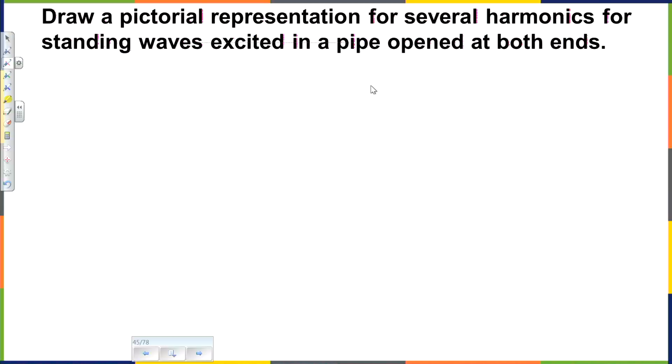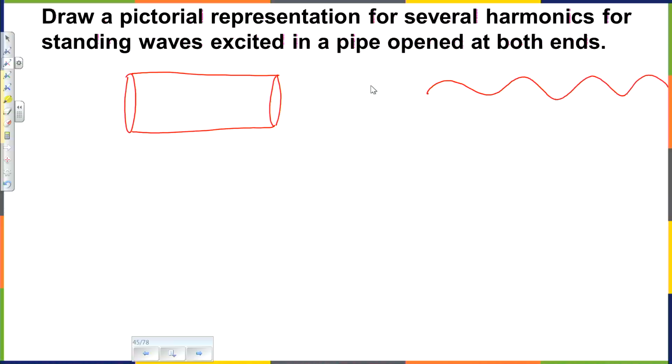So if we have a tube or a pipe and both ends are open, we should be able to fit a certain amount of lambda in such a way so both ends would observe an antinode. So this is how any generic standing wave looks like.